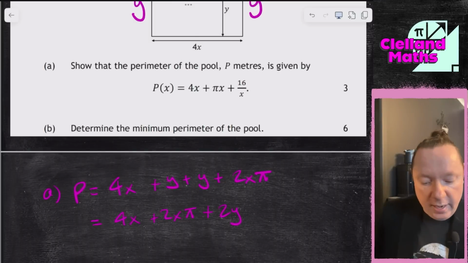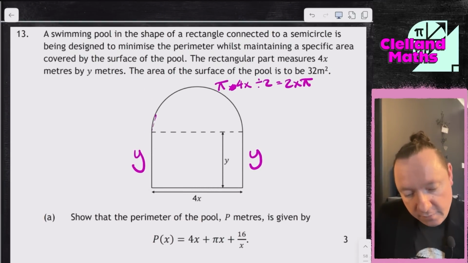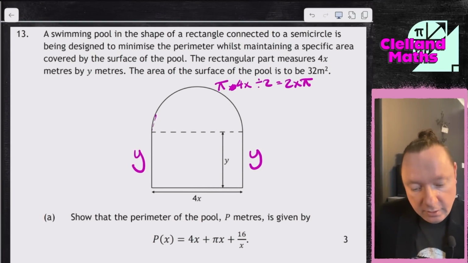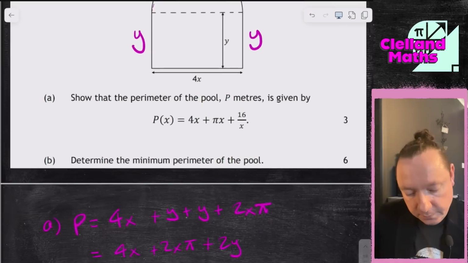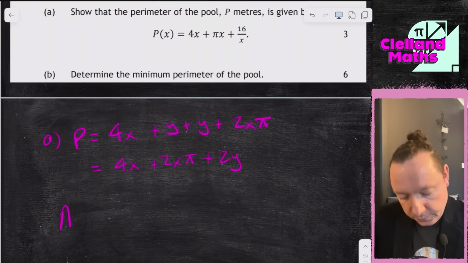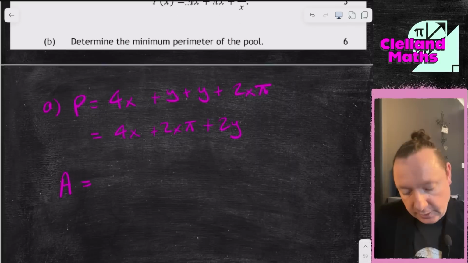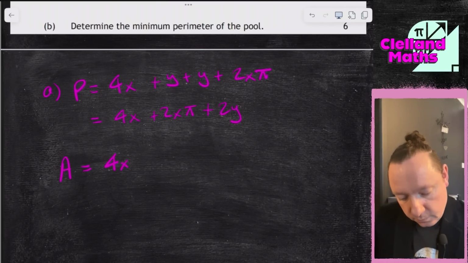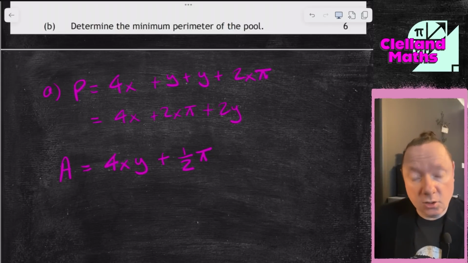But their perimeter's not got any y in it, so we need to somehow get rid of that y. But it does say that the surface area is 32 square meters. So we can write an expression for the area of this thing. We've got 4x times y for the rectangle, plus a half times pi times the radius squared.